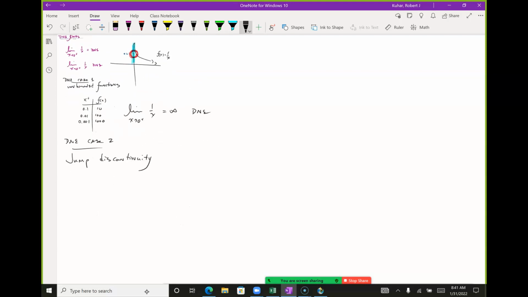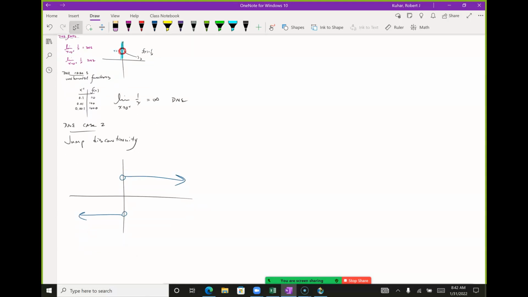When we have some function that has a huge jump in it, this is a jump discontinuity where one part of the function is way separate from another. And even if it's just a point, we're okay with that. But when I have some jump, it's easy to visualize.